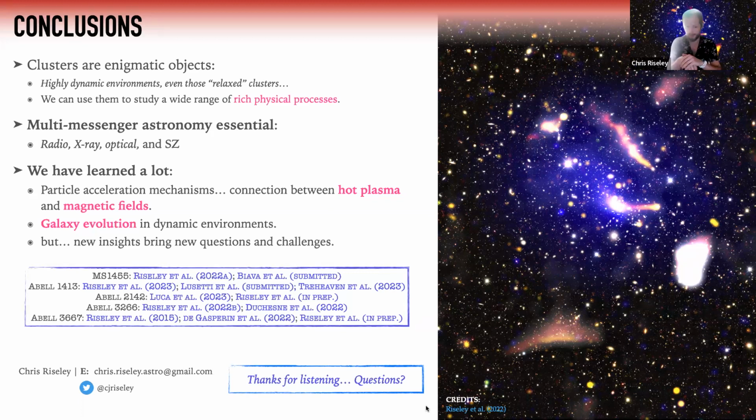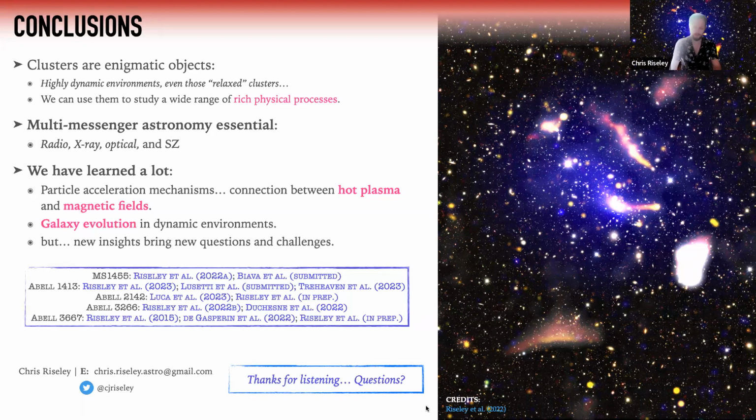All of the ones that I've published so far, MS1455, Abell 1413, and Abell 2142 that I'm working on, are not at the ideal declination in the sky for LOFAR observations, because LOFAR, like the MWA, is an aperture array. And so once you go further away from zenith, you lose a lot of your sensitivity. The data becomes more challenging to work with. And so on the whole, it's just extremely difficult.